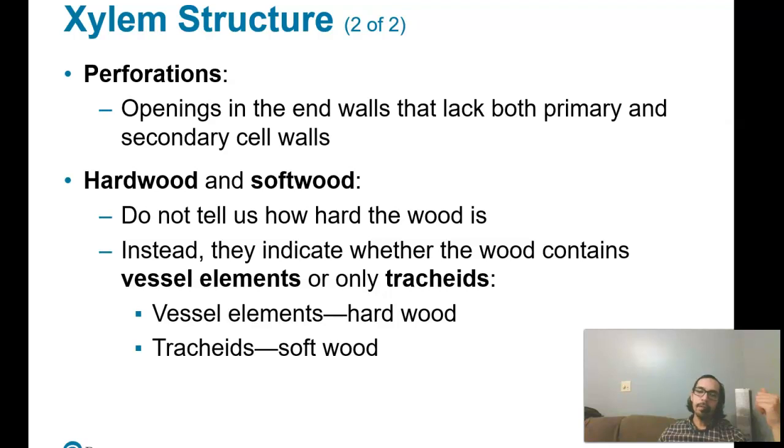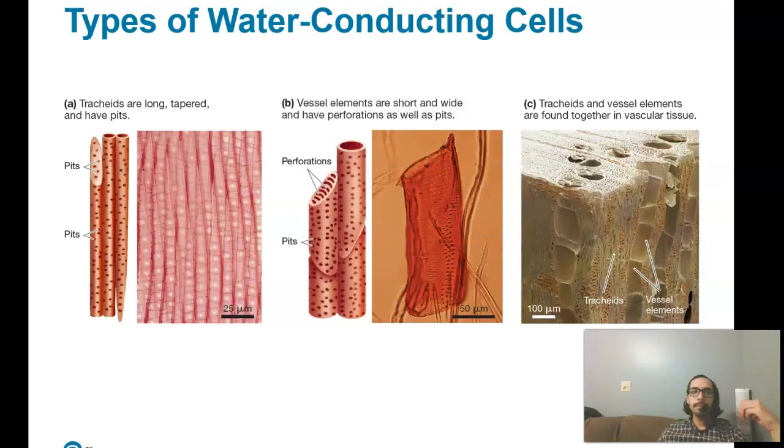Okay, so the tracheids would be things like some of the gymnosperms. The ones that contain vessel elements and tracheids are the angiosperms. So here you can see the tracheids, which are long, tapered cells with pits, which allows the water to flow not only up, but also across other tracheids.